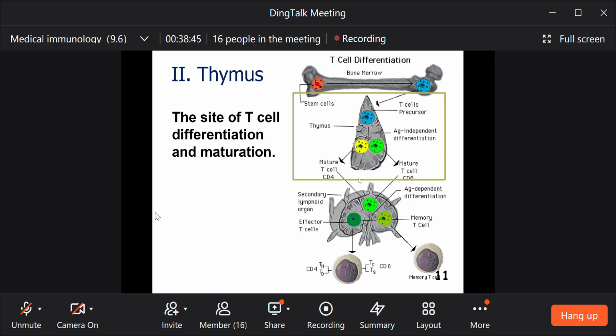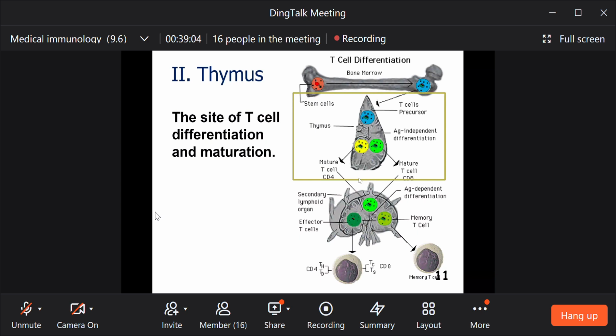The thymus is a lymphoid organ located in the upper part of the chest, in front of the chest. With age, the thymus becomes smaller and loses most of its active immune cells.